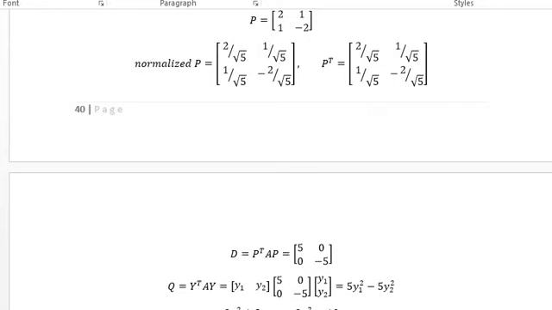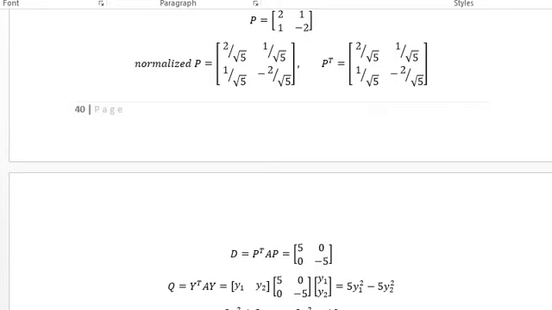Now we have to take its transpose also. The transpose means the rows are changed to columns and the columns to rows. We found P transpose also. After that, by multiplying P transpose into A into P, we get the diagonal matrix as [5, 0; 0, minus 5]. So this is what your D is.